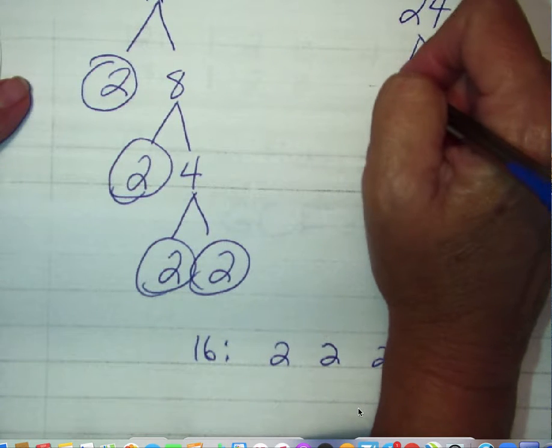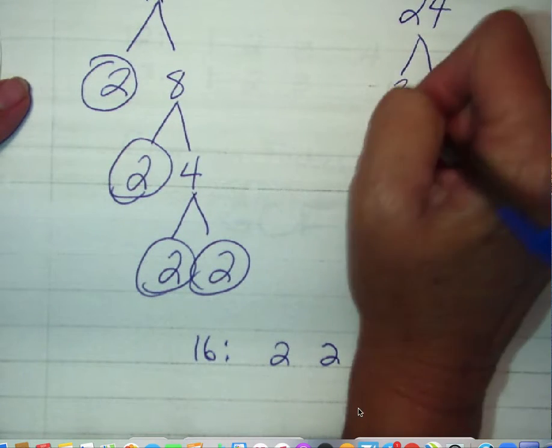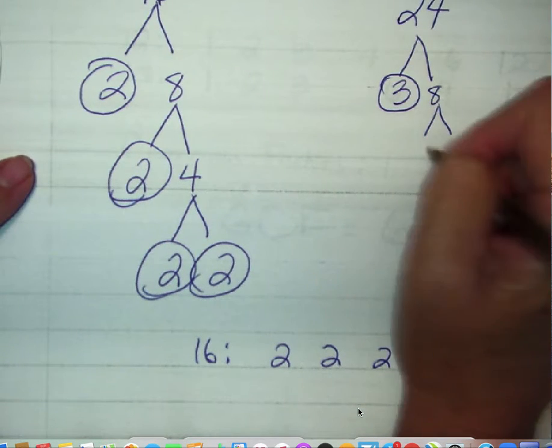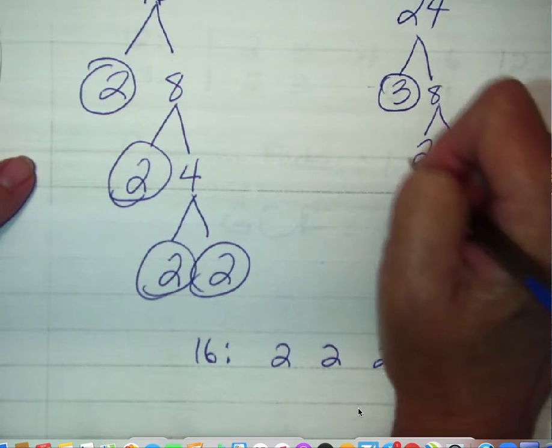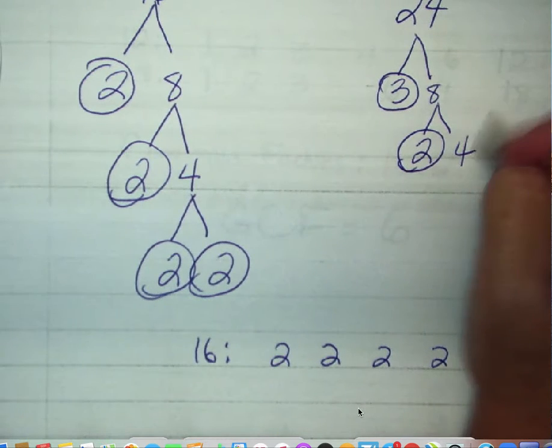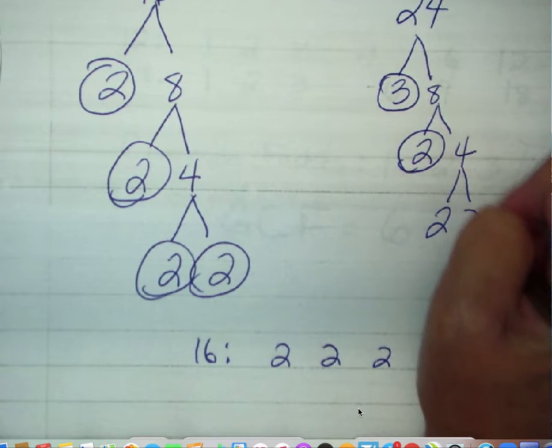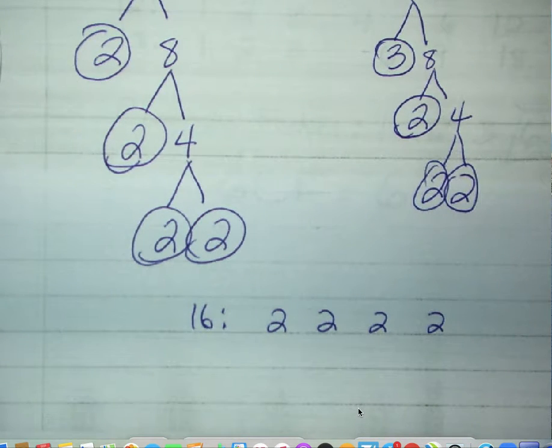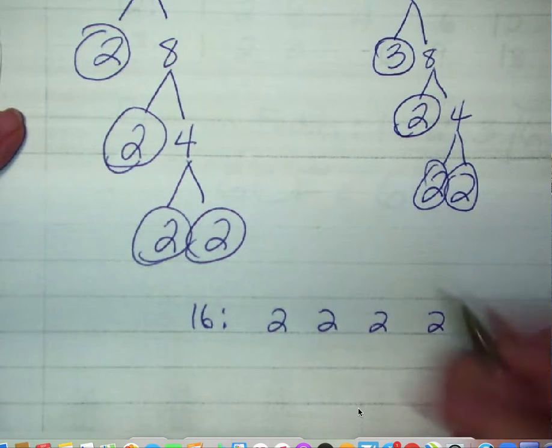Now let's do 24. 3 and 8. I'm going to circle that 3. 2 and 4. I'm going to circle that 2. And then 2 and 2. Okay? I factor it until I can't factor it anymore.